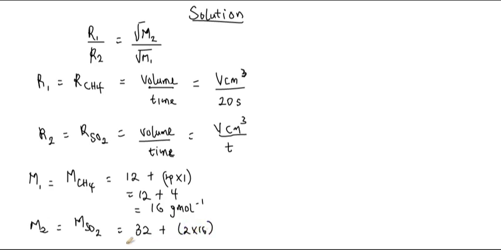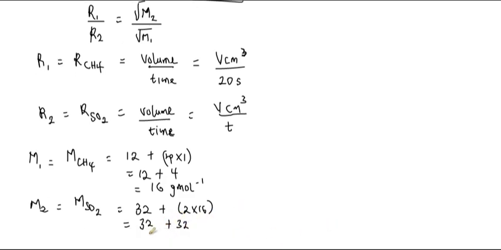So this gives 32 plus 32, which is equivalent to 64 grams per mole. Now we've gotten the values of R1, R2, M1 and M2.